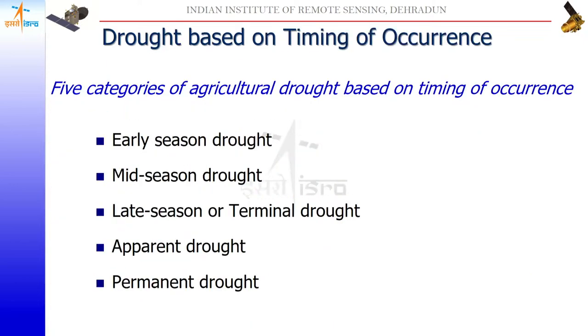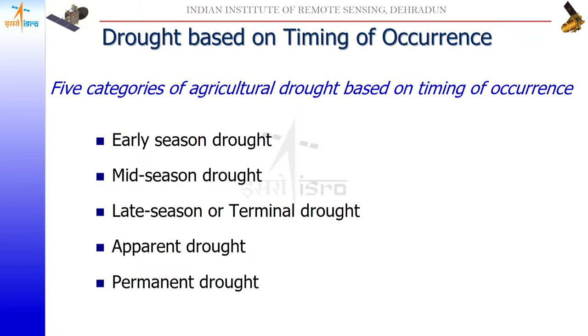Then there is another type of classification, based on the time of occurrence, defined in this slide as early season drought, mid-season drought, late season or terminal drought, apparent drought, and permanent drought. Early season drought occurs at the initial stage of the season, for example the southwest monsoon period of June and July, when rain may not be available in a region.